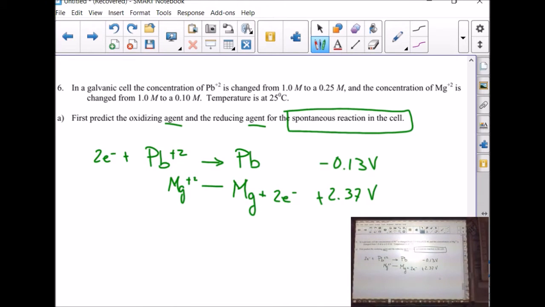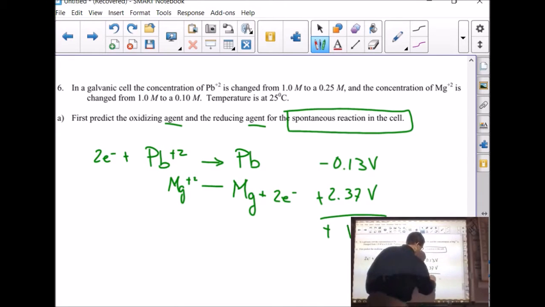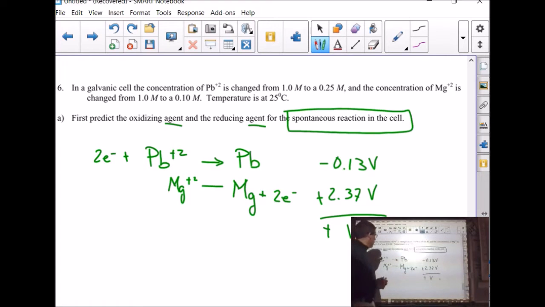Do I want to flip it? Is that what it says on the sheet? So we will have a positive voltage. First it wanted us to do that, so who is the oxidizing agent? Let's start with that. The lead plus 2.